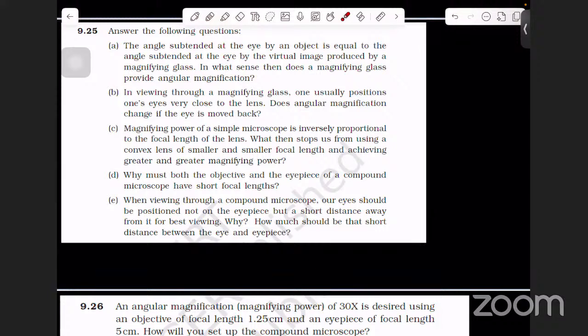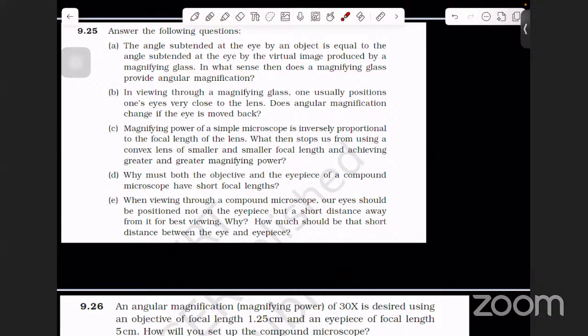It's saying that the object is producing some angle at the retina of the eye, and the image formed by a magnifying glass is also subtending the same angle at the retina.